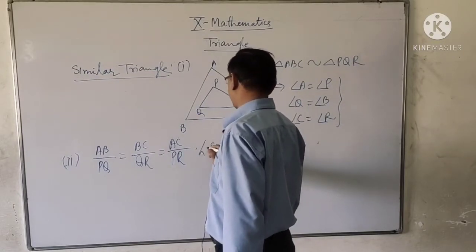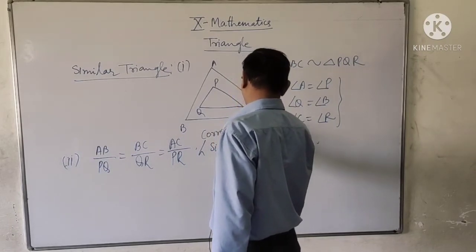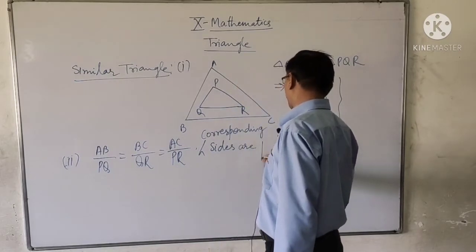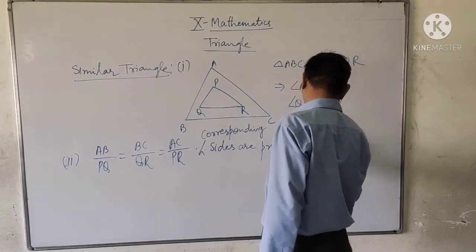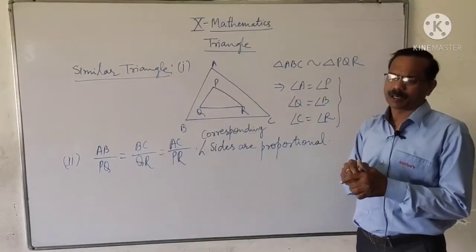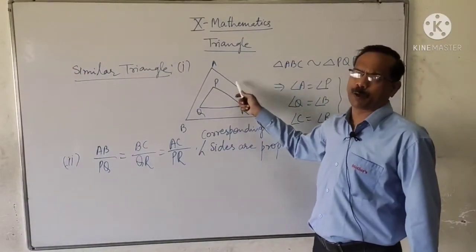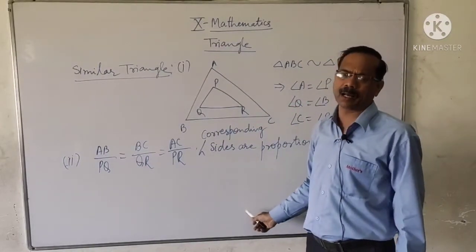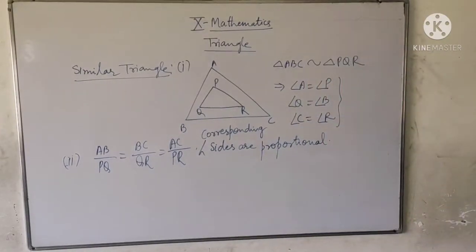Or we can say corresponding sides are proportional. So whenever two triangles are similar, there are two conditions: corresponding angles are equal and corresponding sides are proportional.